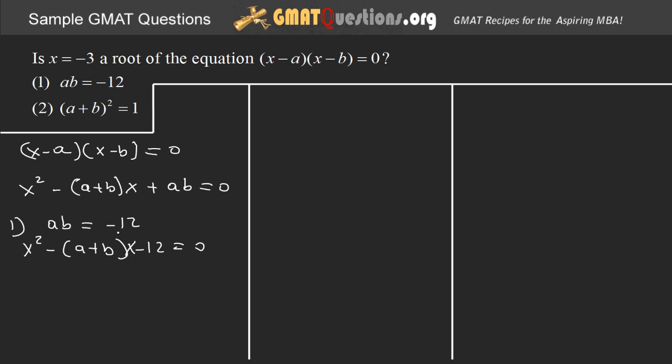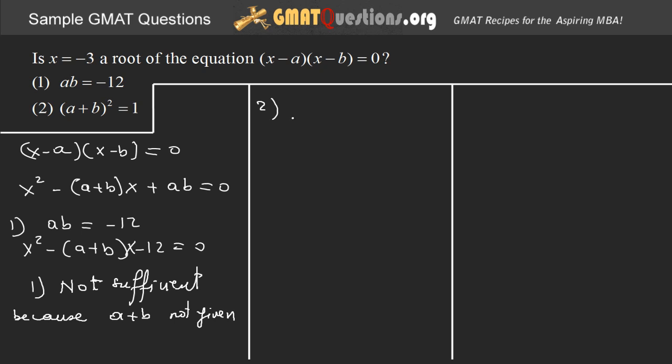Nothing is given about that. So do you understand that? That's why we cannot do this question. So 1, not sufficient, because a plus b is not given.